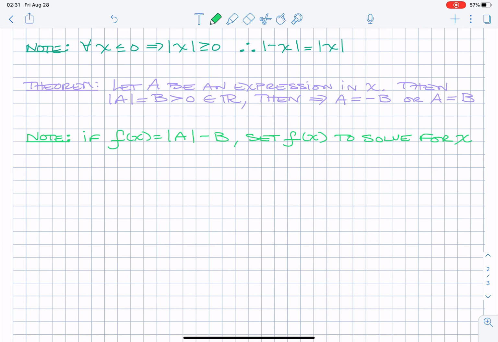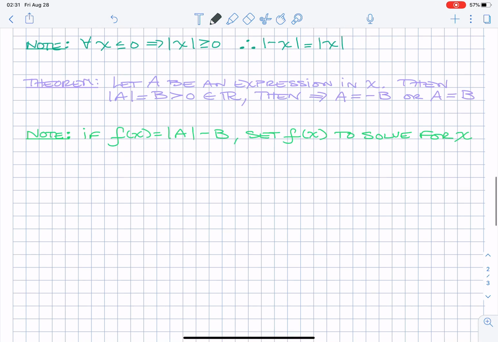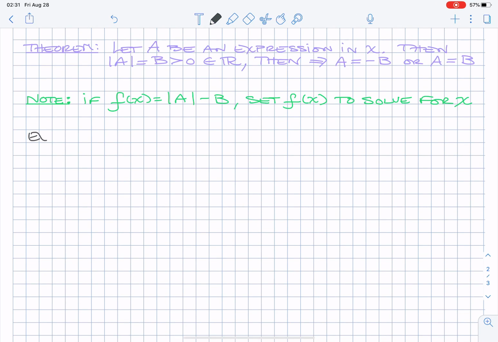Okay, so what do I mean by that? Let's see some examples. So for example, let's solve the following absolute value equations.